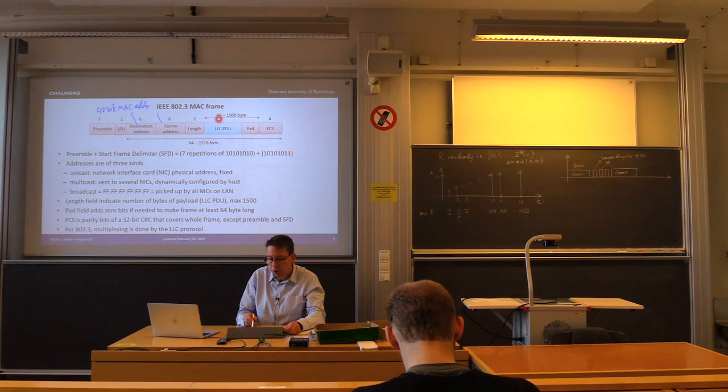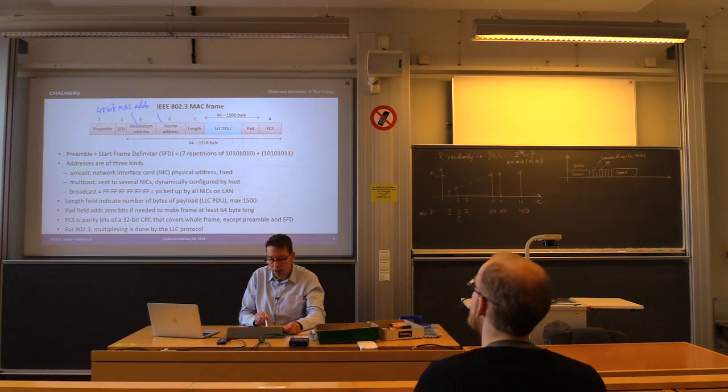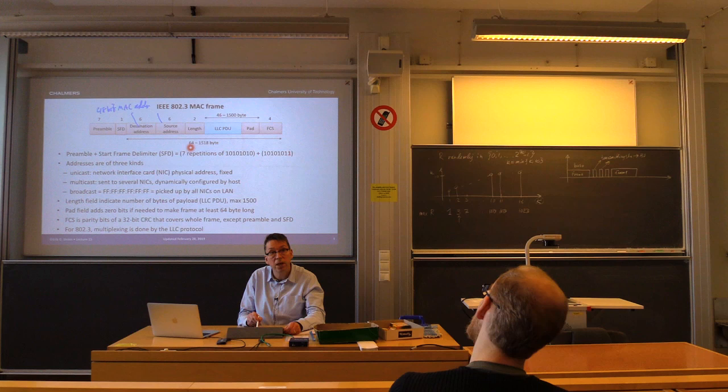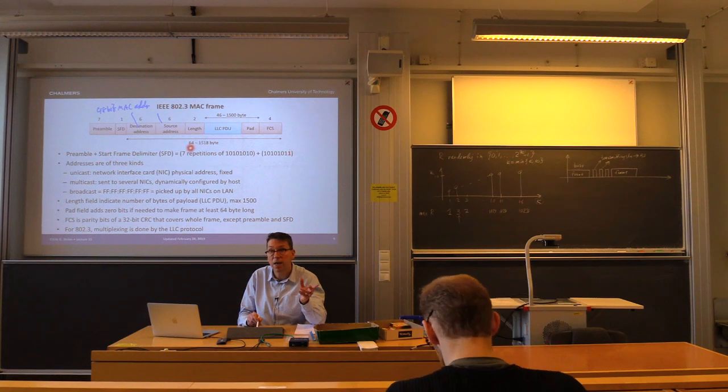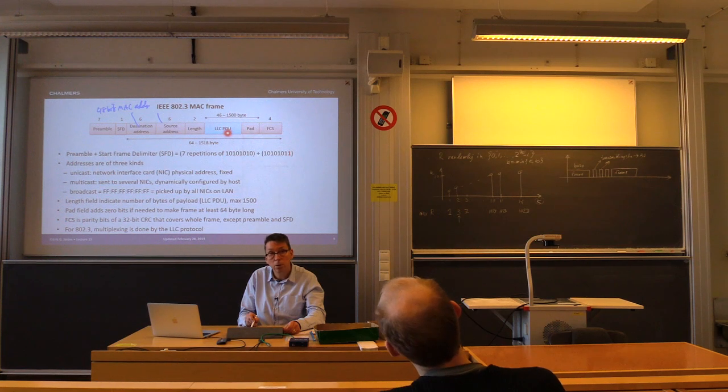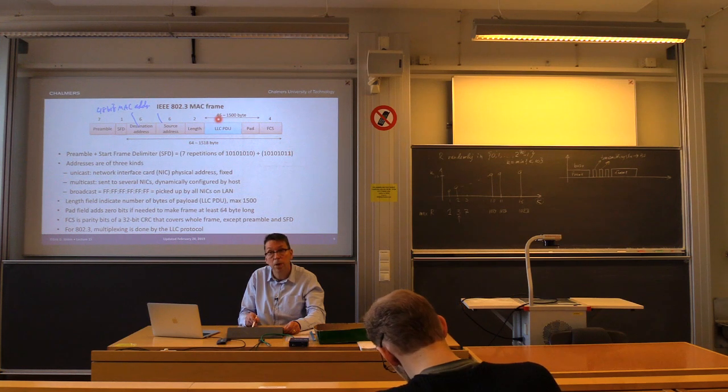Okay, but you also know that there is a minimum frame length, because we need from here to here to be at least 64 bytes. Remember, that was the minimum frame duration. So if this is very small, only a few bytes, then we need to add a few 0 bytes here to make sure that this field is at least 46 bytes long. Okay.